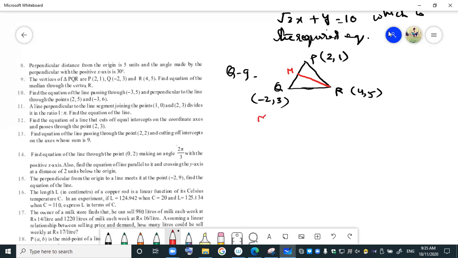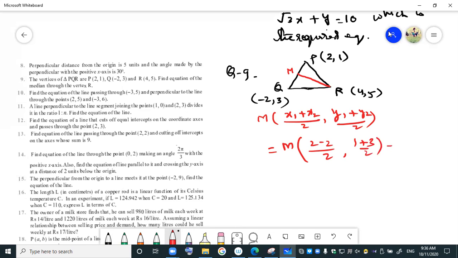The coordinates of the midpoint, you know, are x1 plus x2 upon 2, y1 plus y2 upon 2, the formula to find the midpoint. Therefore, here x1, y1 is 2, 1 and x2, y2 is minus 2 and 3. So x is 2 plus minus 2 upon 2, y is 1 plus 3 by 2.